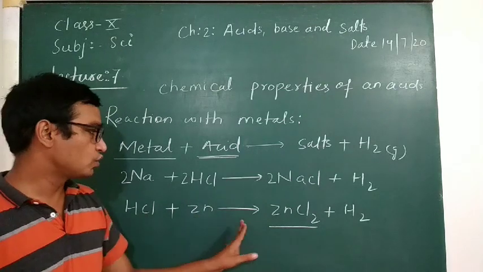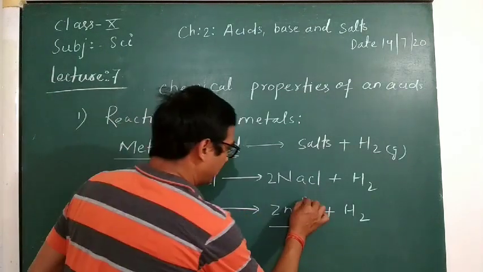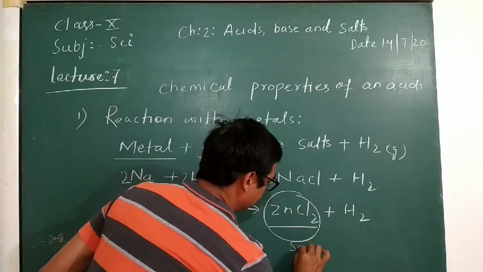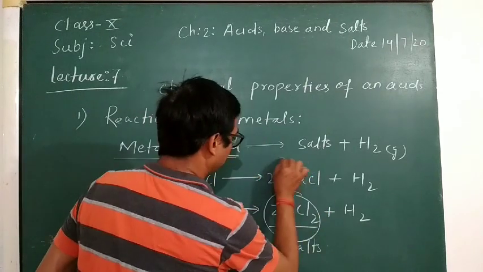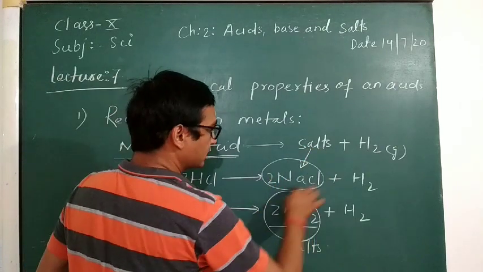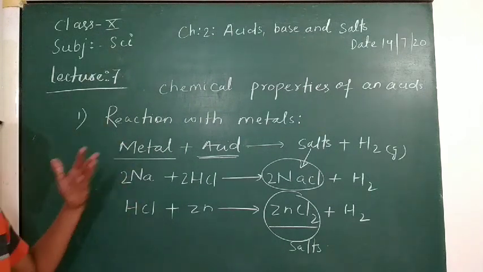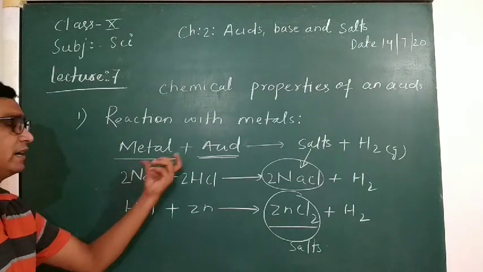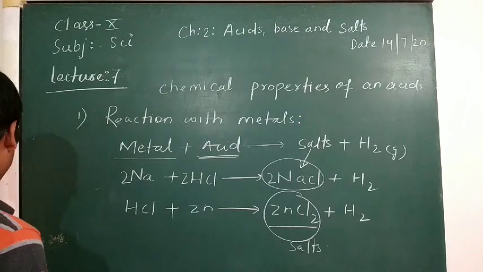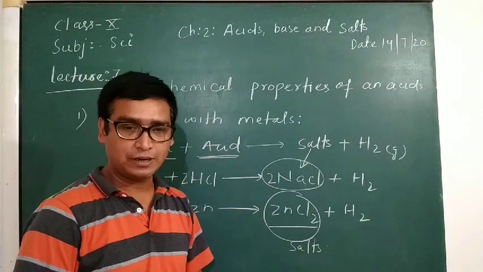Here it is zinc, so zinc chloride is the salt. So this is a salt, this is also a salt, and along with these salts we get hydrogen gas. We can take a lot of examples of metal plus acid, and we will get salts and hydrogen gas.